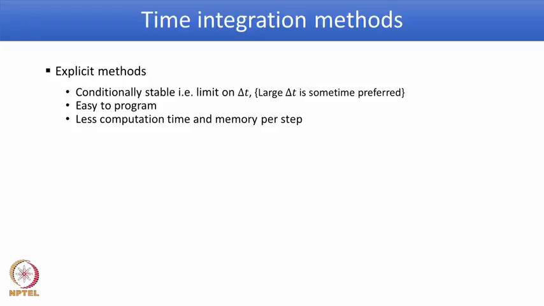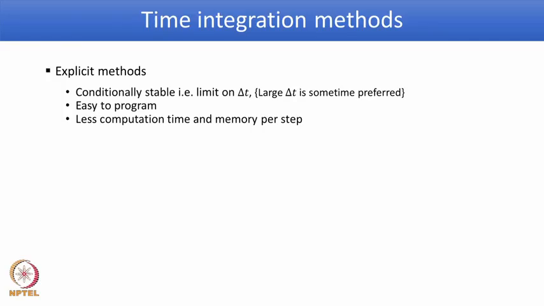Large delta t is sometimes preferred for a problem where you want to capture different scales. It is easy to program because current level values are not required; only the previous values are required, and you do not have to work hard to write a very difficult program.